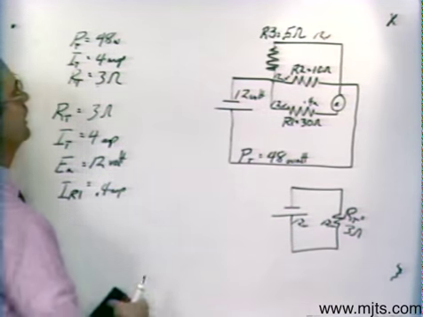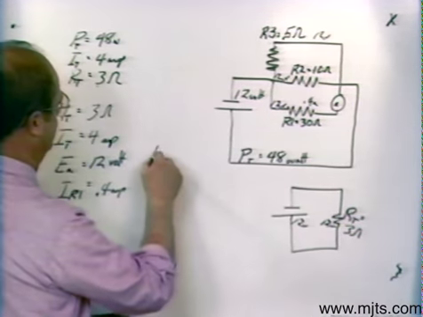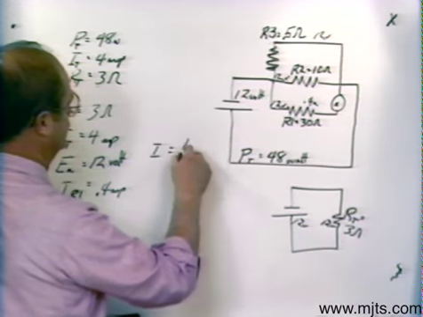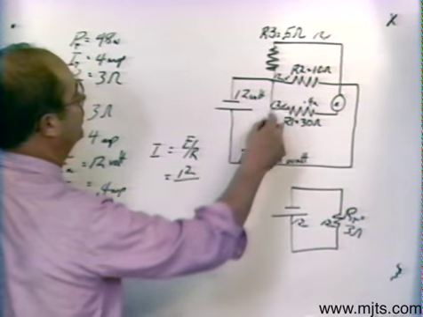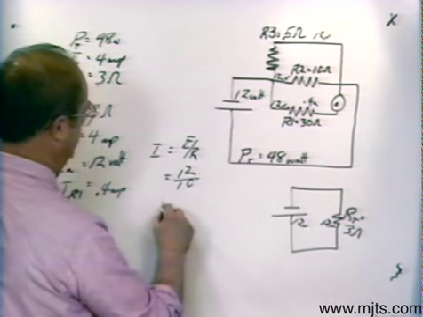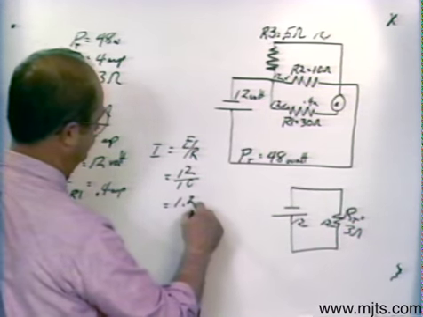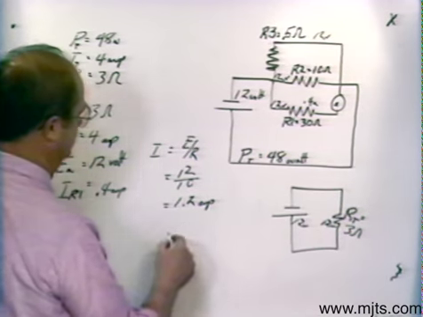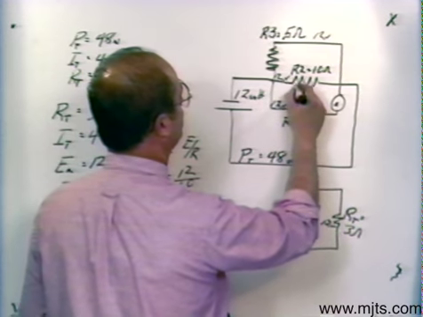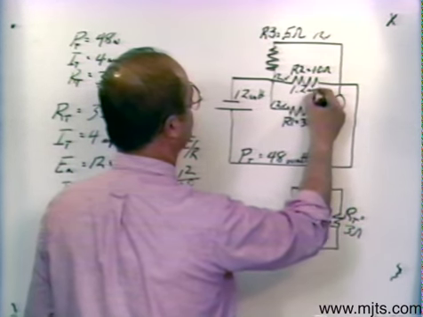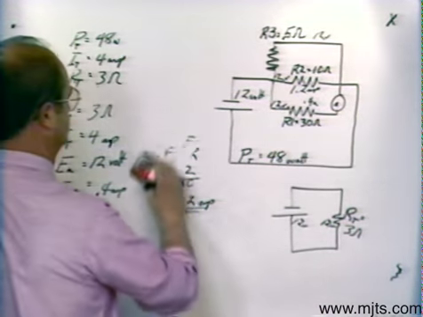If I go back to this resistor and find the value of current, remember again, I can take Ohm's law, voltage divided by resistance. I would take 12 and divide it by 10. I would have 1.2 amp current right here in this particular resistor.